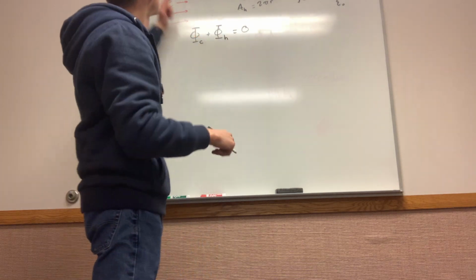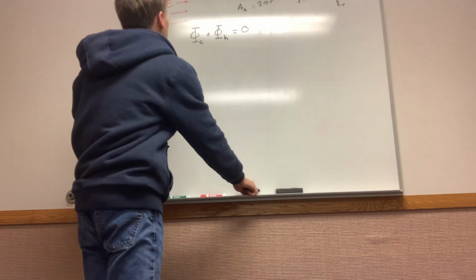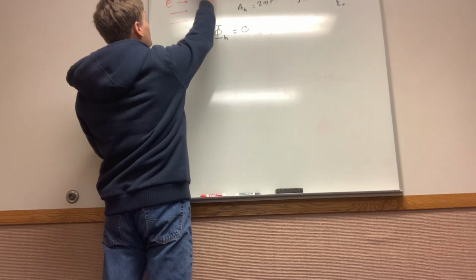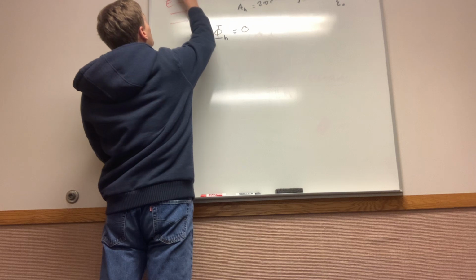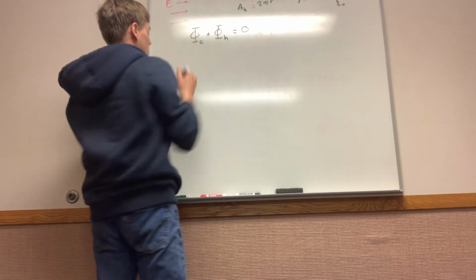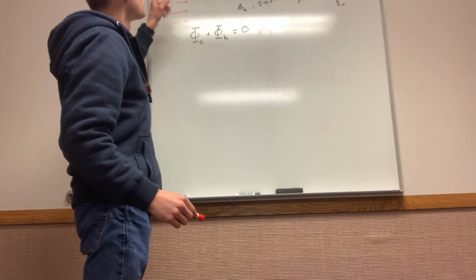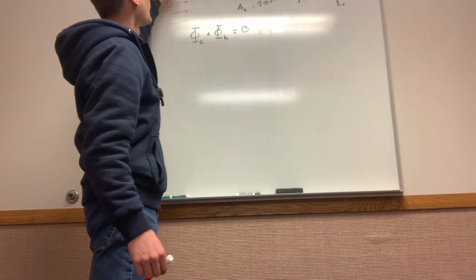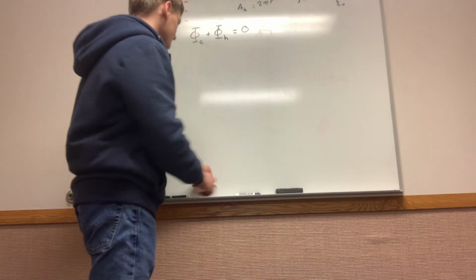And because I'm going to draw a couple of normal vectors on here, assuming that this would be a closed surface, the dot product of the electric field and the normal of the circle would be negative.